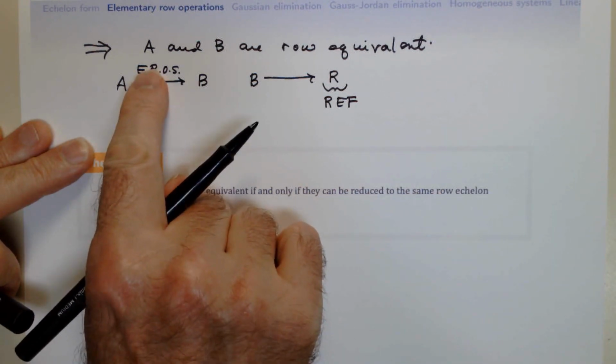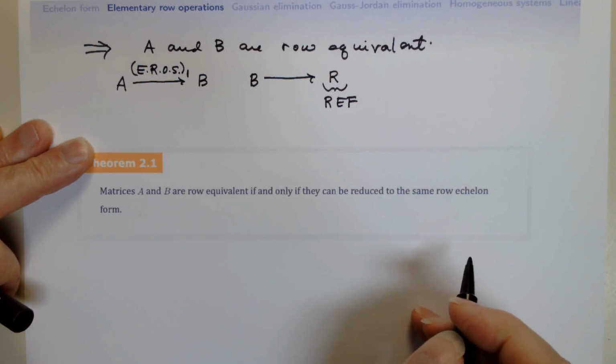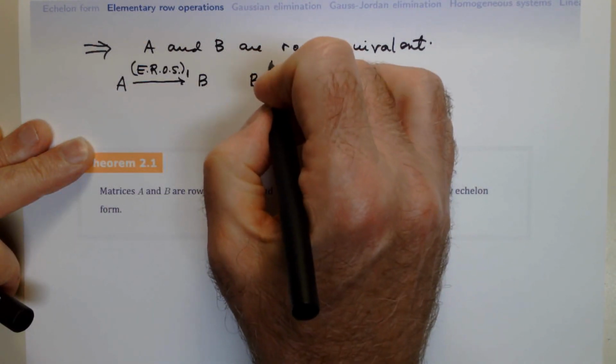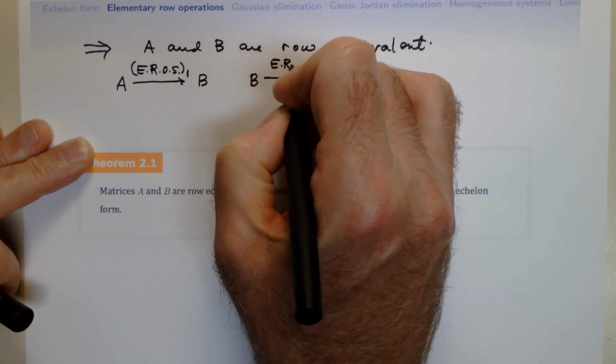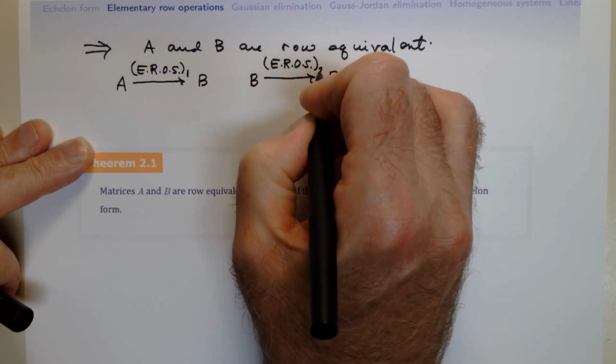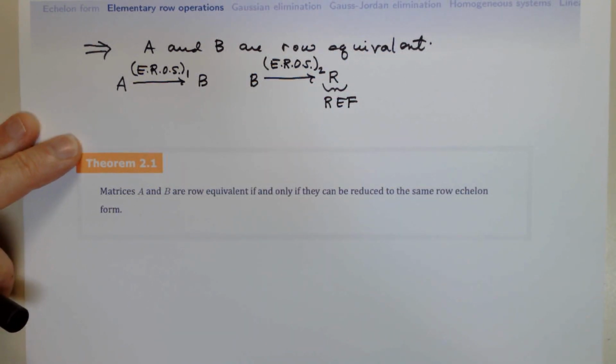Now, to keep these distinct from each other, I'll put a subscript 1 on this one. So there's a first recipe that takes A to B. And then there's a second recipe, another sequence of elementary row operations. I'll put a subscript 2 on these that carries B into this row echelon form matrix R.